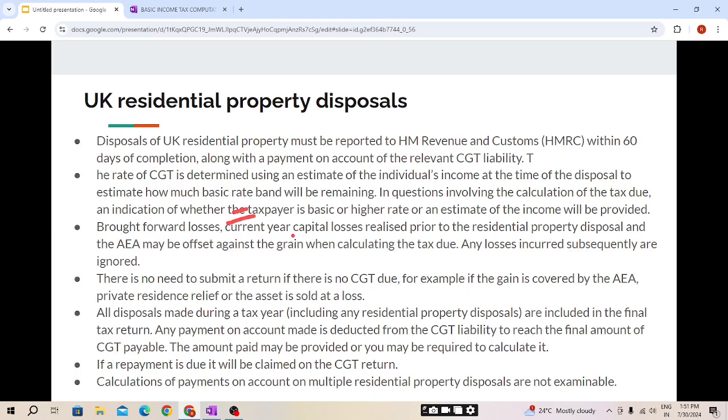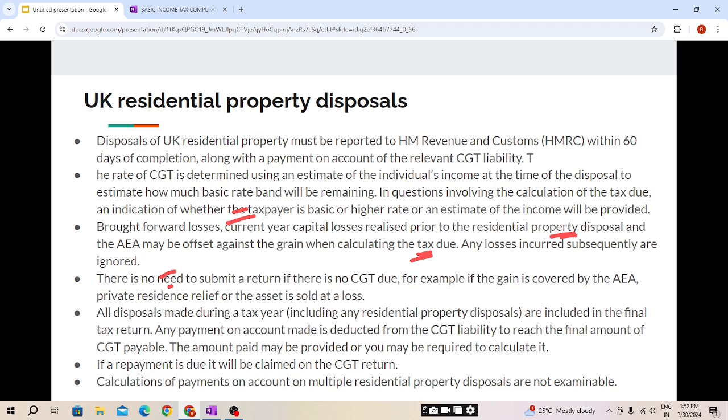Losses brought forward, current year capital losses realised prior to the residential property disposal, and the AEA may be offset against the gain when calculating the tax due. Any losses incurred subsequently are ignored.